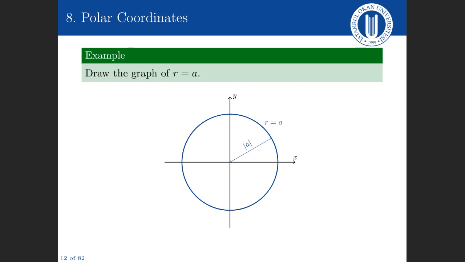This circle is r is equal to a. And the radius is the absolute value of a. If a is a positive number, for example, a is 2, then this is just a circle of radius 2. If a is, for example, a negative number, let's say r is equal to minus 2, then again, this is a circle of radius 2.